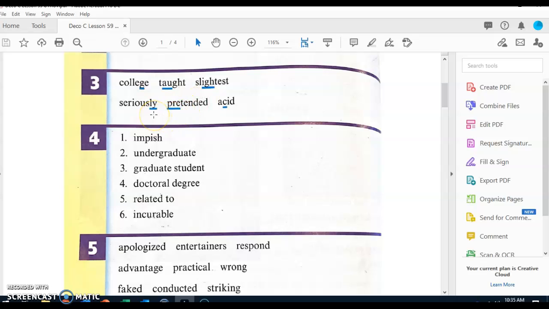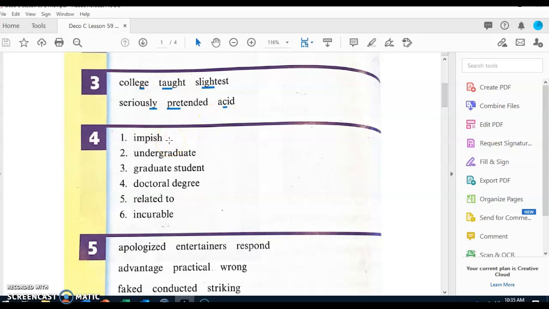Next word, what's the underlined part? Ly. What word? Seriously. Next word, what's the underlined part? Pre. What word? Pretended. Next word, what's the underlined part? What word? Acid.